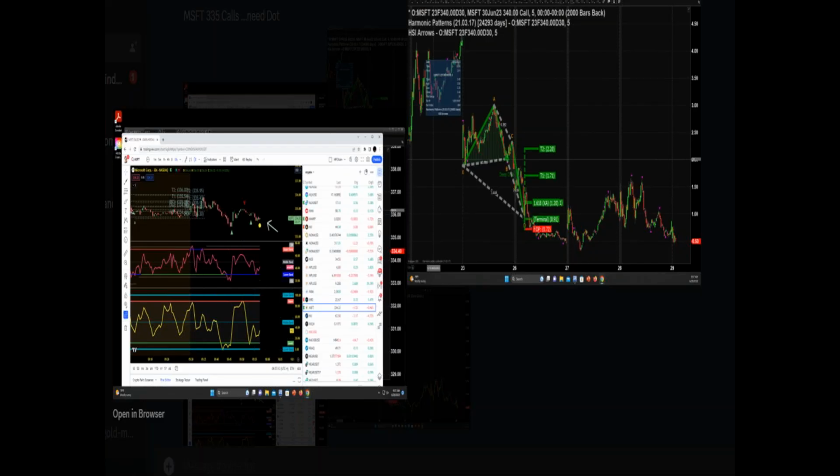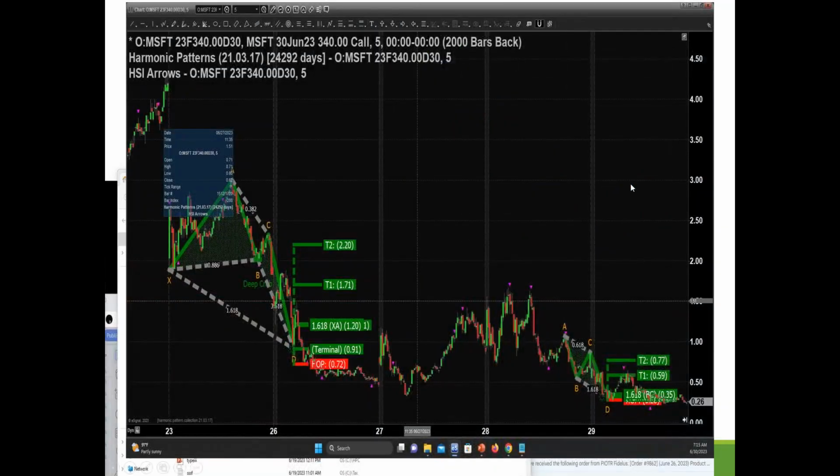The Microsoft 340s, folks, were 50 cents yesterday. Again, what can we take away from it? It's a clear type 2 on the option pattern as well. There's the option chart.